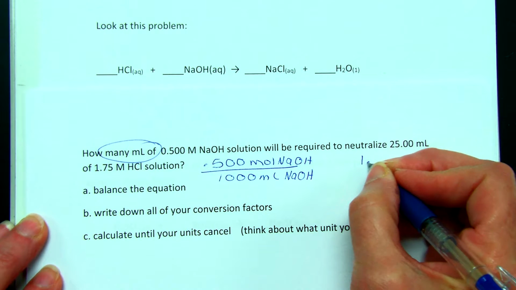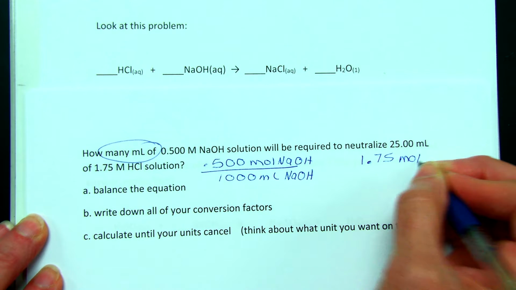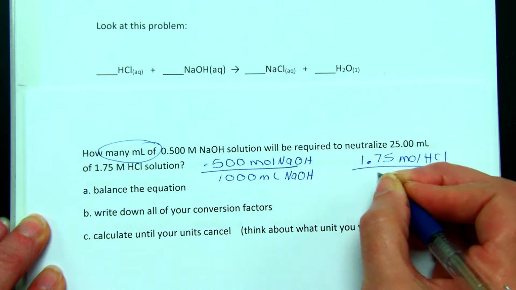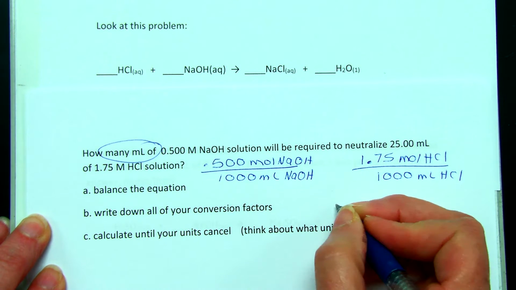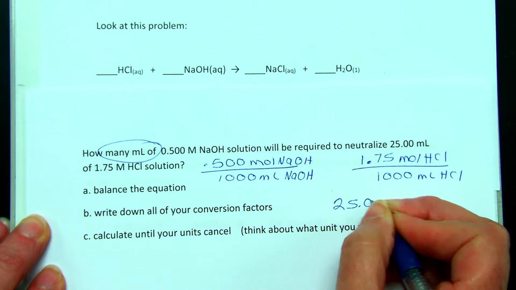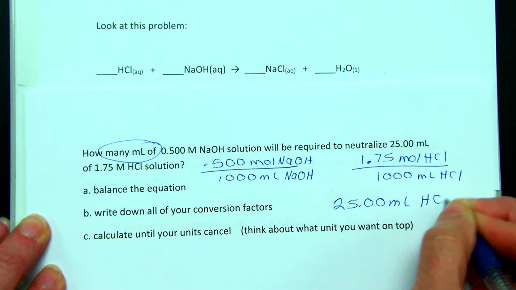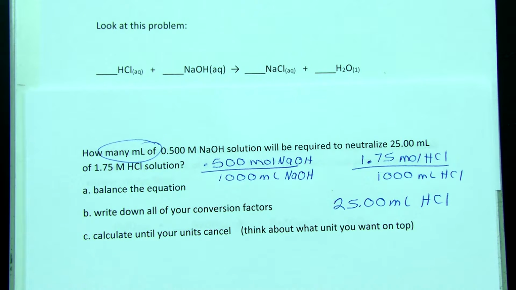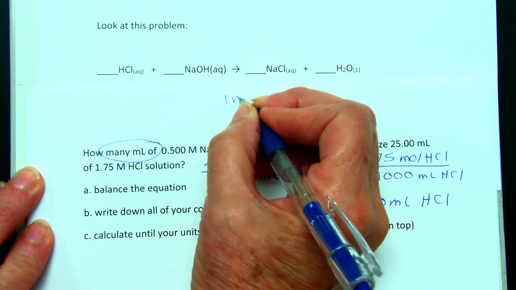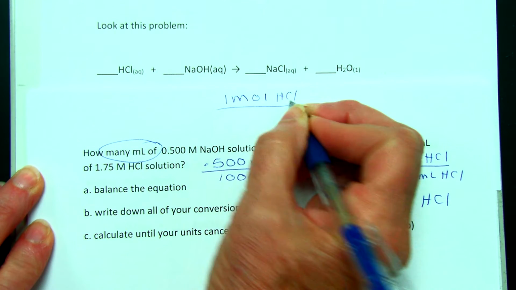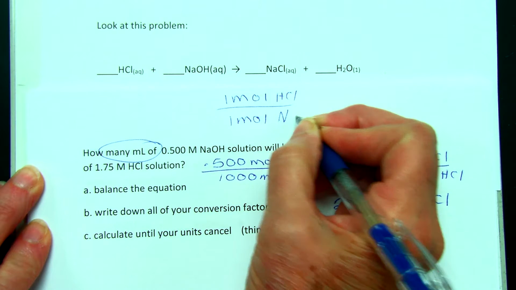And we know I have 1.75 moles of HCl per 1,000 mL of HCl. And I know that I have 25 milliliters of HCl. So that's all the numbers I was given in the problem. Now, I'm comparing sodium hydroxide and hydrochloric acid, so I want to look at my balanced equation and get the stoichiometric ratio. And when I look at this, this is balanced with all ones. So 1 mole of HCl reacts with 1 mole of sodium hydroxide.